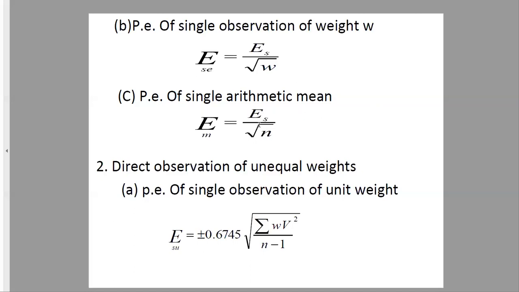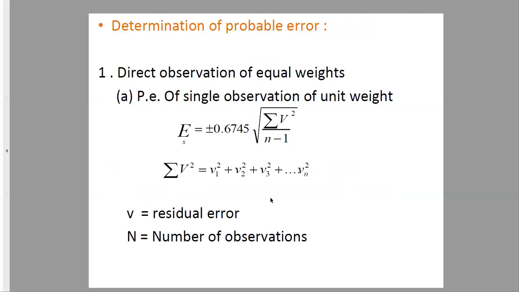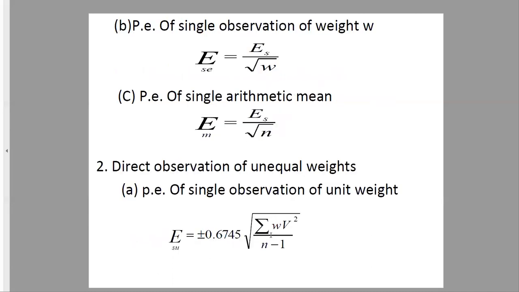If we have direct observations of unequal weight, then this formula will be modified as follows. We'll simply multiply the weights with the residual errors that we have calculated. Suppose the weight is 2. Once we subtract the observed value and mean value, we'll multiply that with the weight, and then we'll calculate the square of that term.